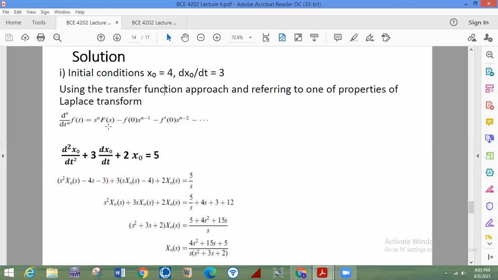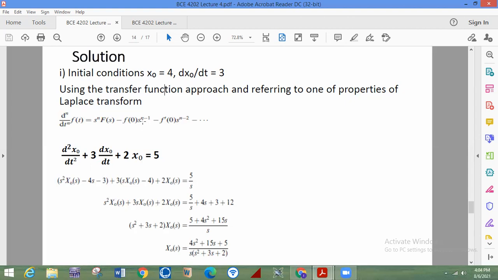Okay, we continue. Remember, we have finished applying this, and we are also going to apply this into this. So it will be f of naught, which is x of naught, given as 4, to be minus 4. And this term will be s to the power 1 minus 1. We already have n equaling to 1 because it is a first derivative.